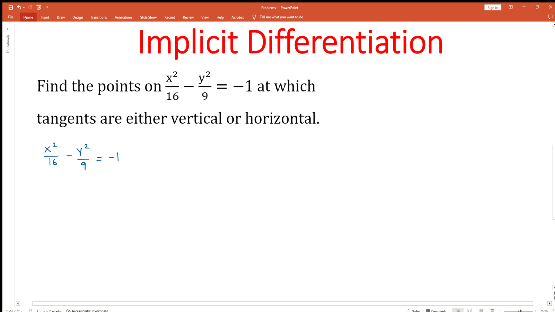We can simplify this equation by getting rid of the denominators of x squared and y squared. We should multiply each term in this equation by the lowest common denominator. The lowest common denominator for 16 and 9 is 144. So we should multiply each term in this equation by 144.